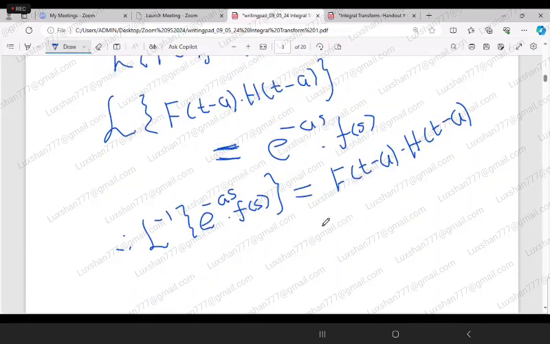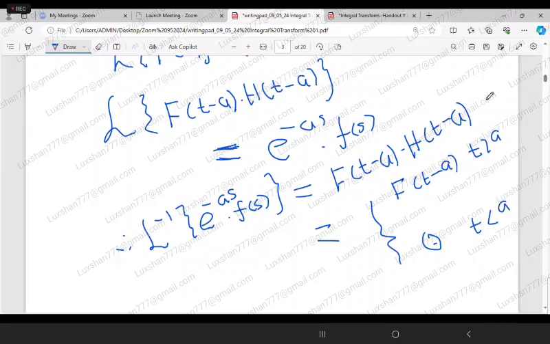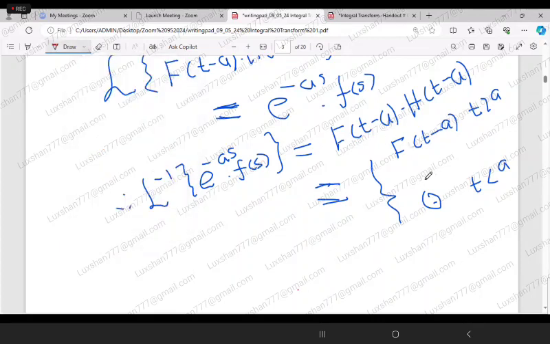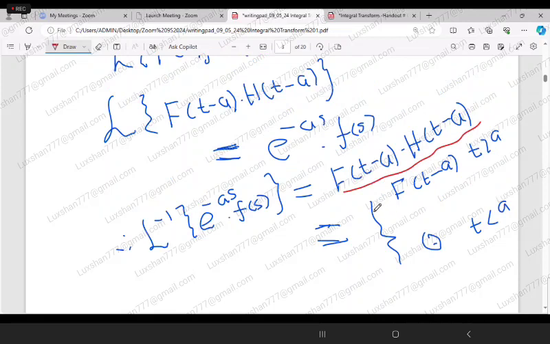If you want, you can write this as f(t minus a) for t greater than a, and 0 otherwise, because we know that h(t minus a) equals 1 if t is greater than a, and equals 0 if t is less than a. Both are the same.